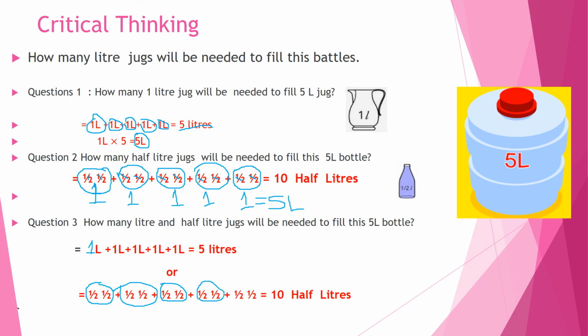Okay, so we should understand that we can either use 1 liter or half liters to fill a 5-liter jug of water, or a 10-liter jug of water, or a bigger container of water.